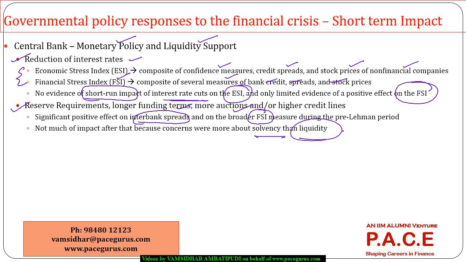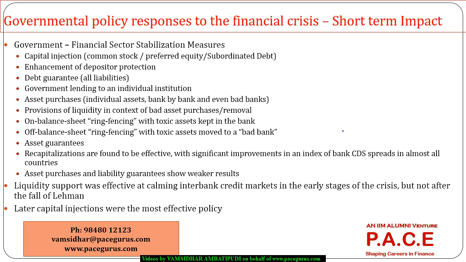So liquidity seemed like a lesser problem after the Lehman Brothers collapse, but solvency looked like a major problem during that period. So all these interbank spreads were not able to create any kind of impact.